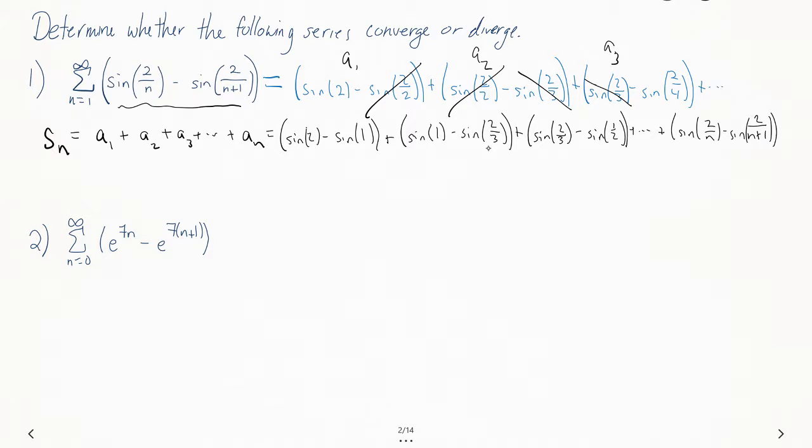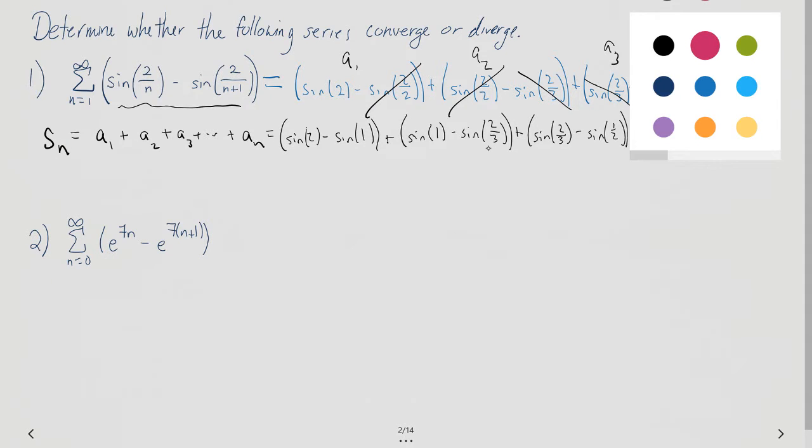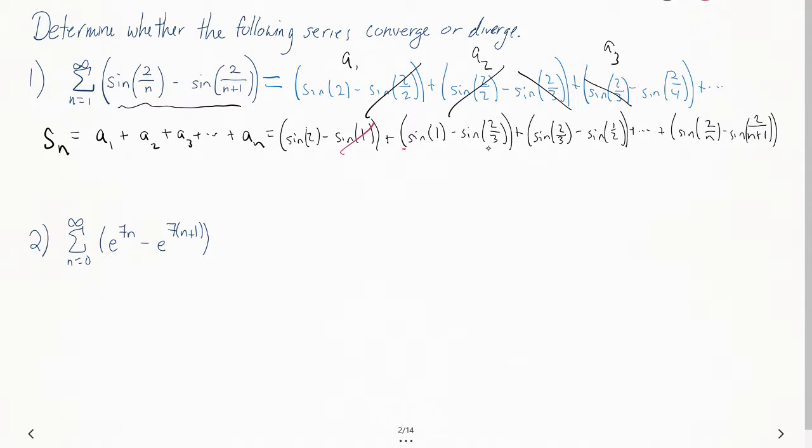So now what happens? Let's take a look. The sine of 1s cancel, just as we said before. The sine of 2/3 would cancel. Now what about the sine of 1/2? When you take a look at sine of 1/2, the next term on down the sequence would have plus sine of 1/2, because it'd be sine of 2 over 4, and then minus sine of 2/5, and so on and so forth. So that's going to cancel.